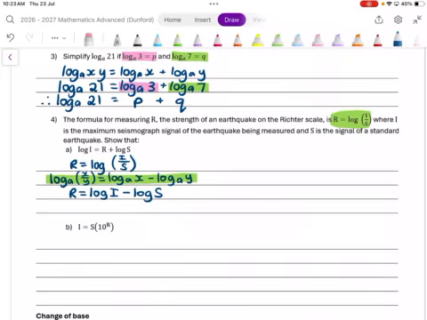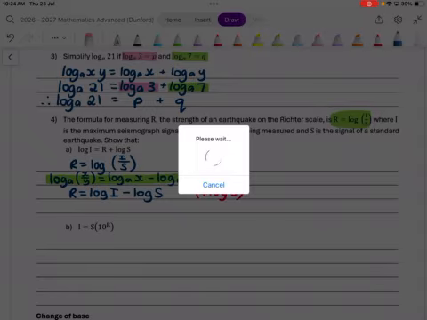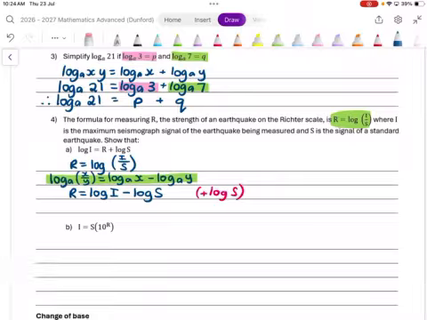So to make log of I the subject, we just have to add log of S to the other side. So we get log of I is equal to R plus log of S. Little therefore in front of it because we have shown what we've been asked to do.